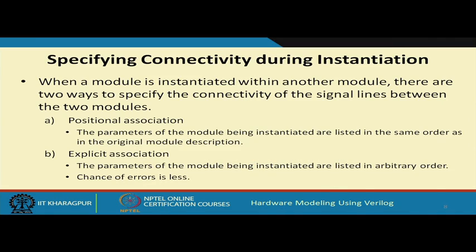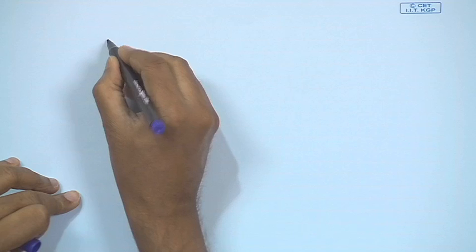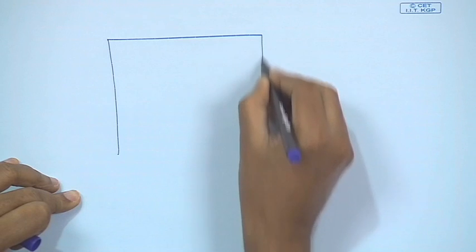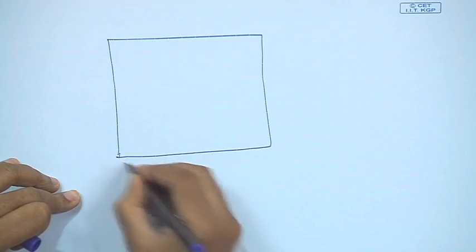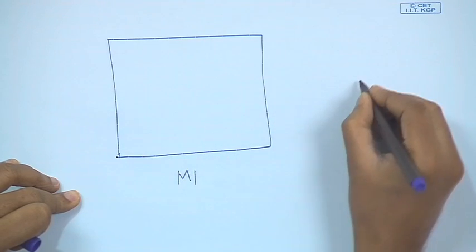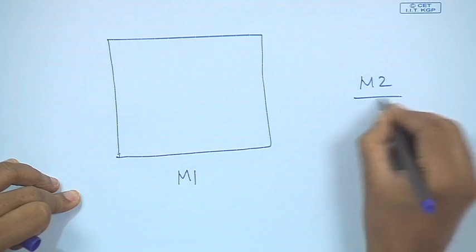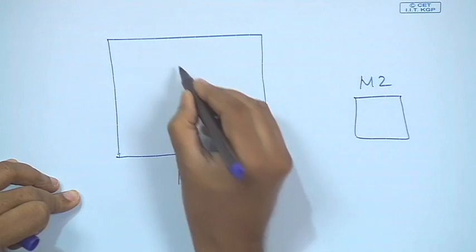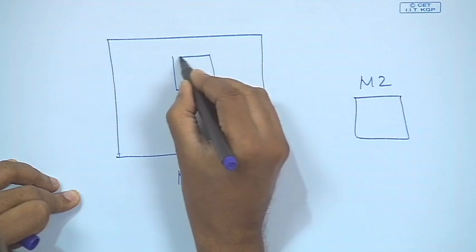Okay. Now, the question comes how to specify connectivity when you are instantiating a module within another module. What I mean is that, suppose I have a module M1 and I have another module M2, and I am instantiating this module M2 inside here.